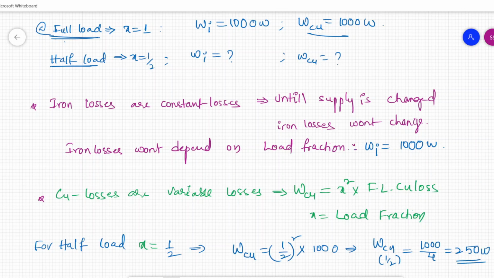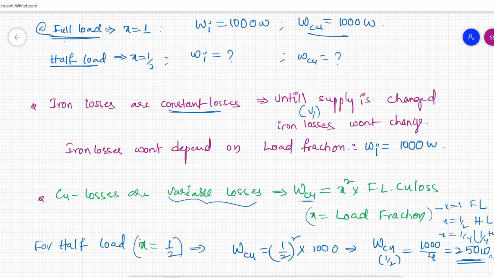So iron losses are constant losses. They won't change until the supply is changed. That means they depend on supply voltage, not on the load. But copper losses depend on the load. When load changes, copper loss will change in proportion: copper loss equal to x square into full load copper loss, where x is the load fraction. x equal to 1 for full load, x equal to 1 by 2 for half load, x equal to 1 by 4 for one-fourth load.